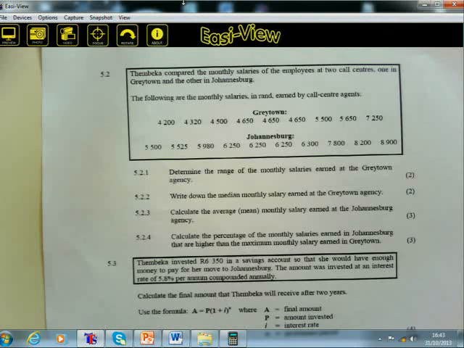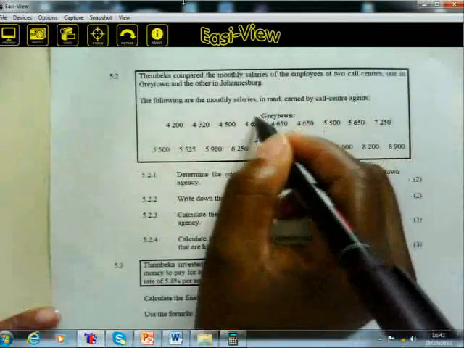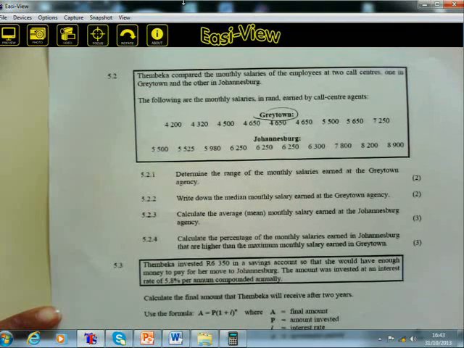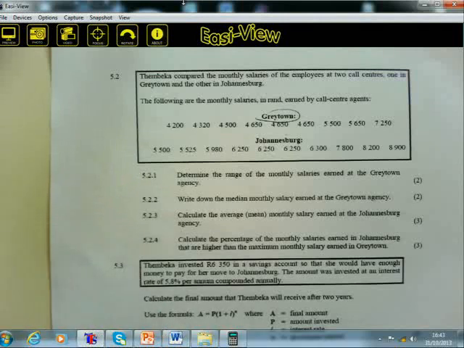5.2.1. Determine the range of the monthly salaries earned at the Greytown agency. Which means when they say Greytown agency, you are going to look at this information. The range. What is the range? The higher number, subtract the smaller number. But before you do that, you have to always check if the numbers are arranged in ascending or descending order. Numbers must not just be mixed up.